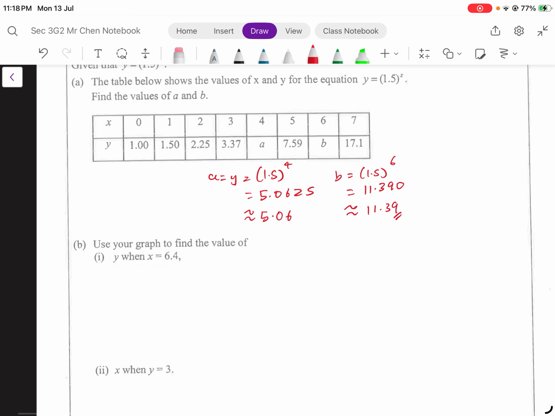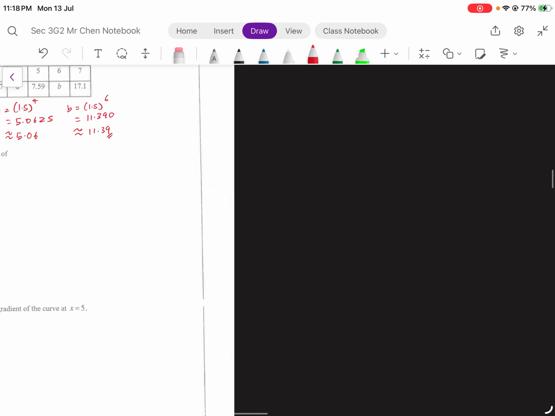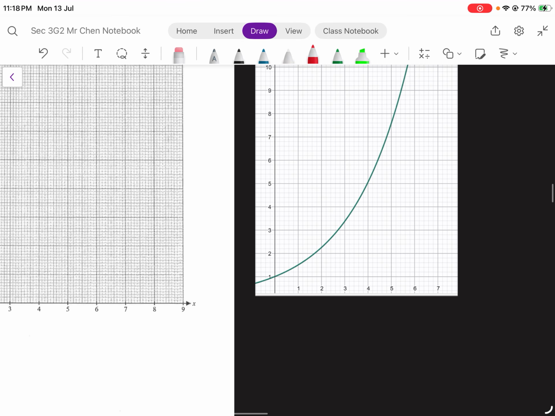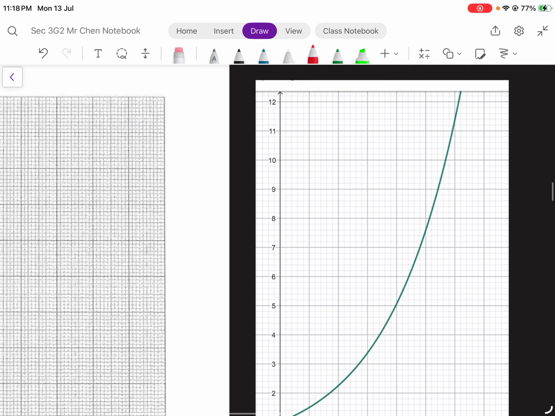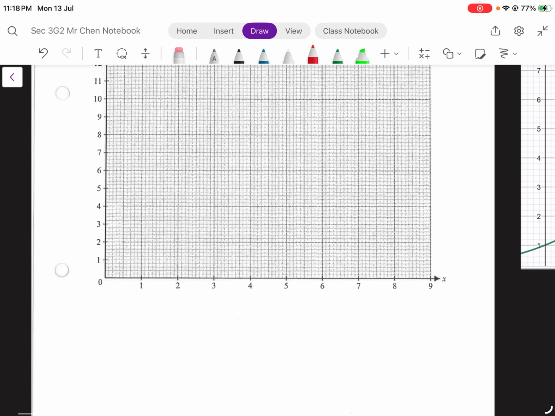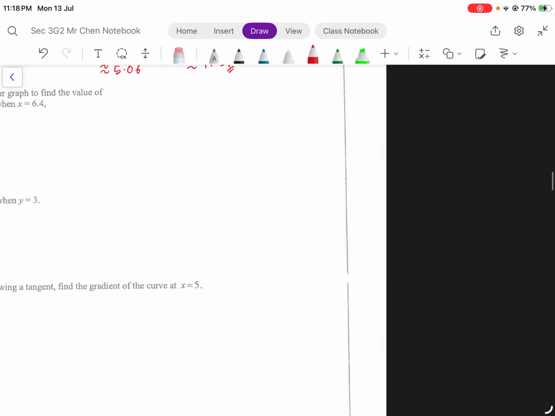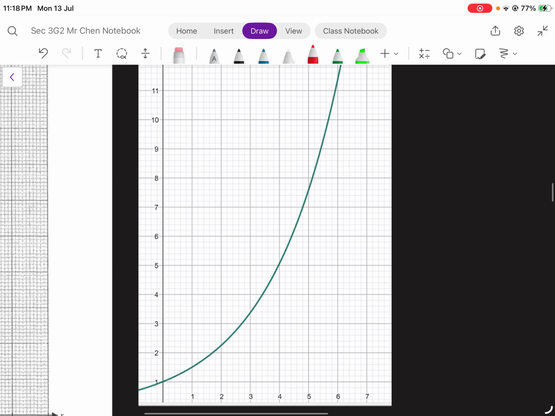Okay, so moving on. You're supposed to plot your graph, then use your graph to find the value of y. What I've done is I use GeoGebra to create this one, but you need to draw it. Find the value of y when x is 6.4 and x when y is 3.